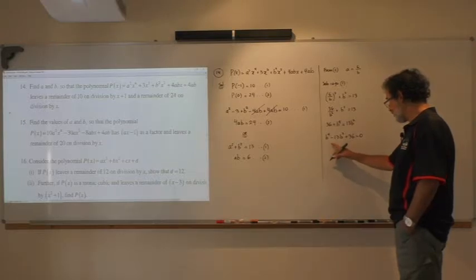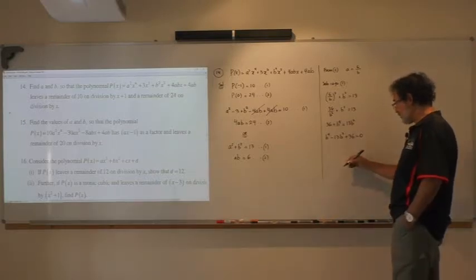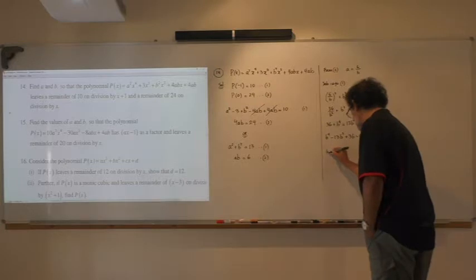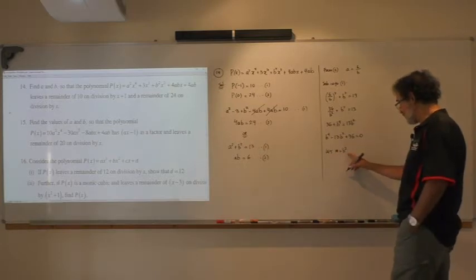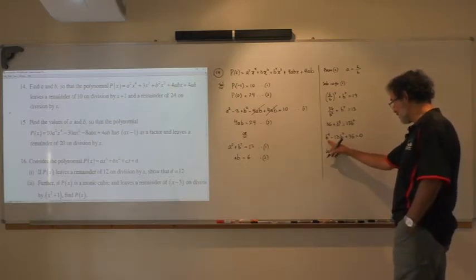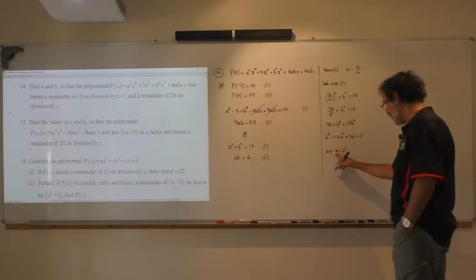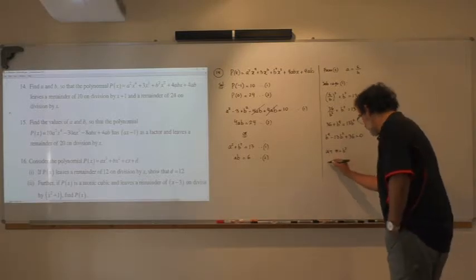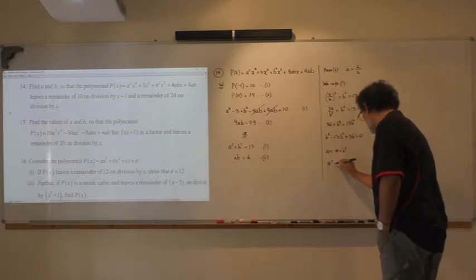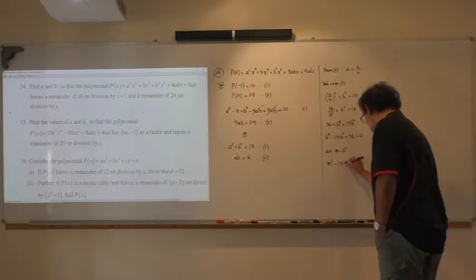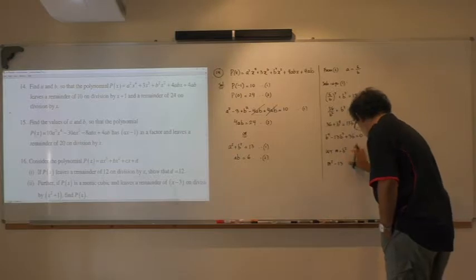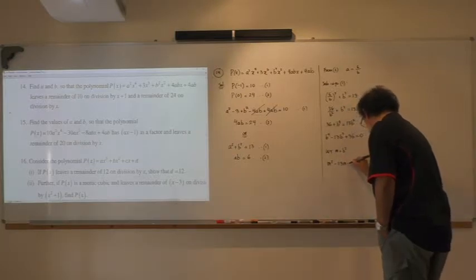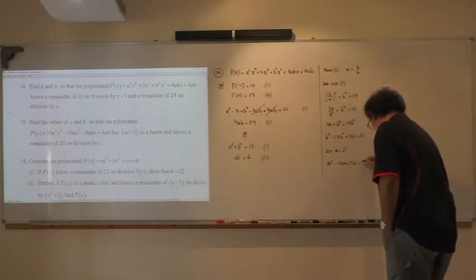So let m be b squared, and we substitute in here. Then we have m squared minus 13m plus 36 is equal to 0.